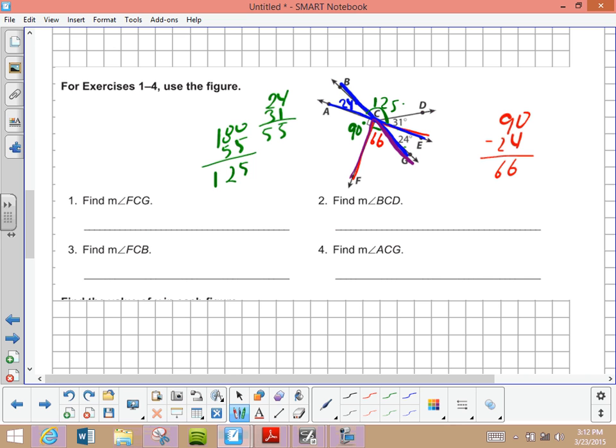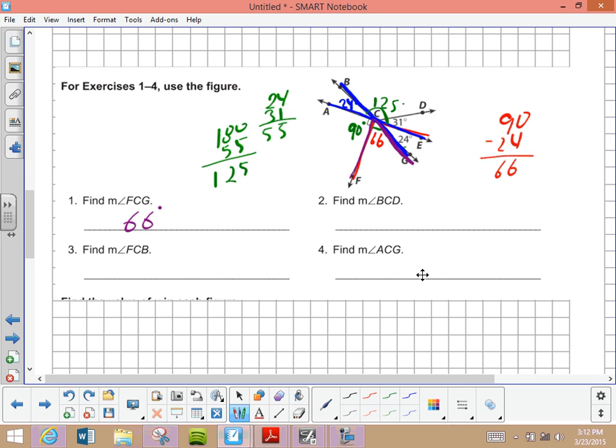What is the measurement of FCG? What numbers is it covering? What's inside? Over here. What's inside FCG? I just highlighted it. So do you think that's a measurement? Pretty obvious, right?